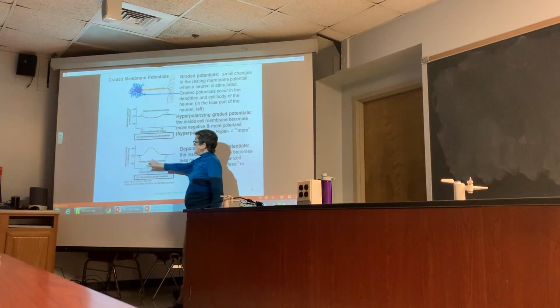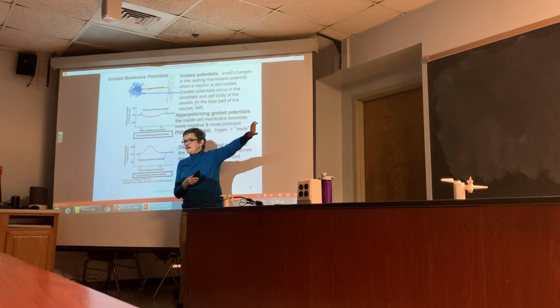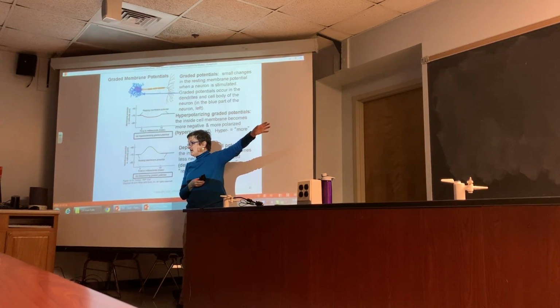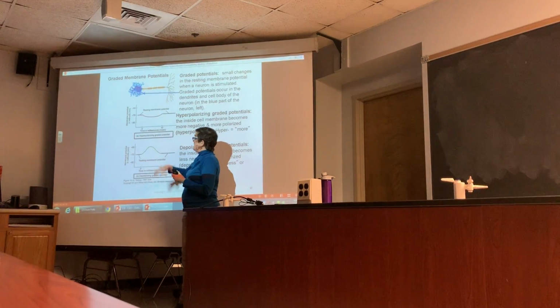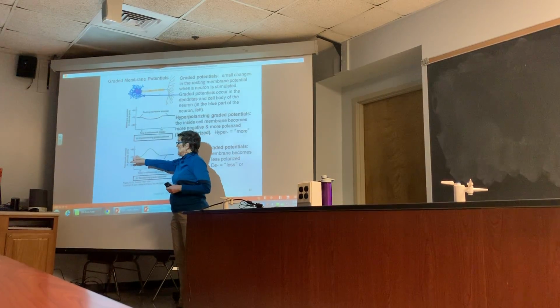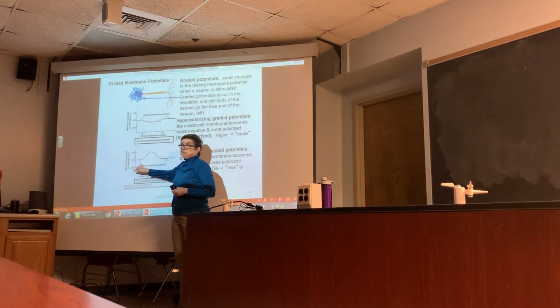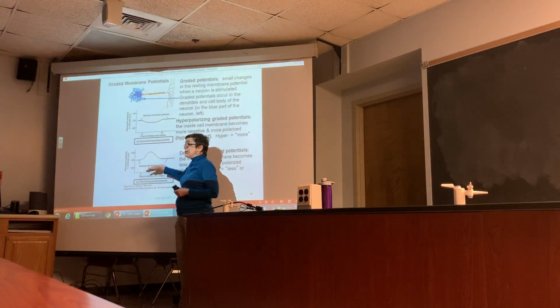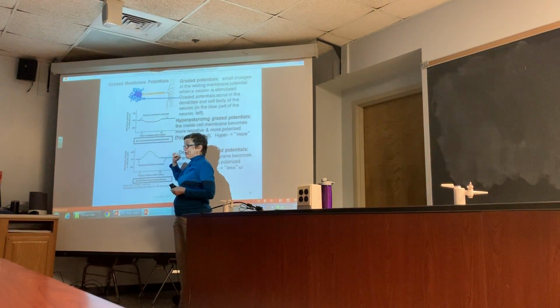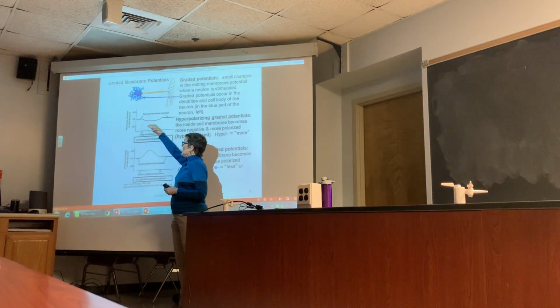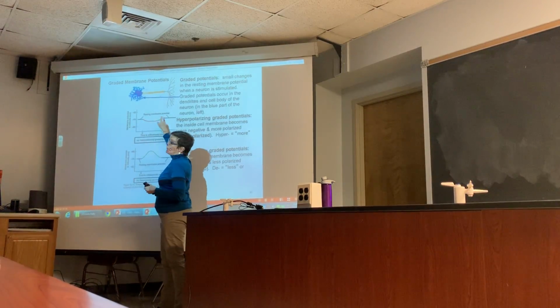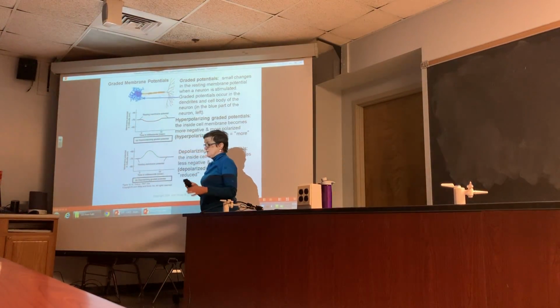Depolarizing meaning, if this is polarized, if it's polar because there's a positive and negative side to the membrane, depolarizing means it's becoming less polarized. It's more positive on the inside than it was before. It's going towards zero, so it's depolarizing, becoming less polarized. Hyperpolarizing is becoming more polarized, more negative on the inside.